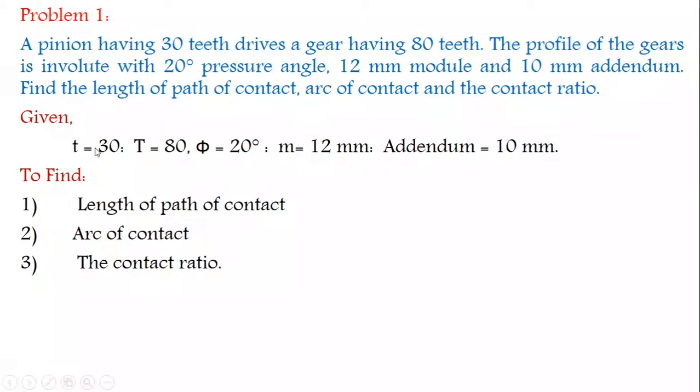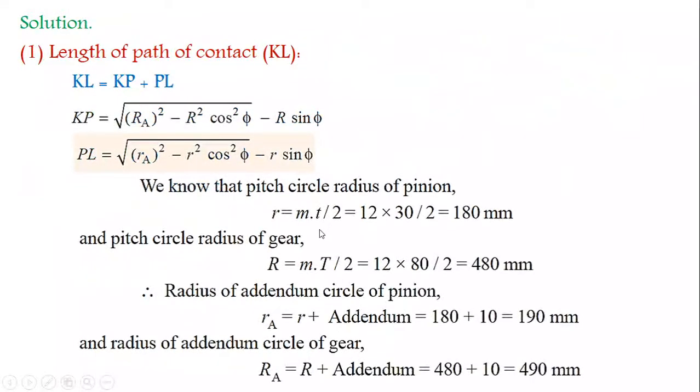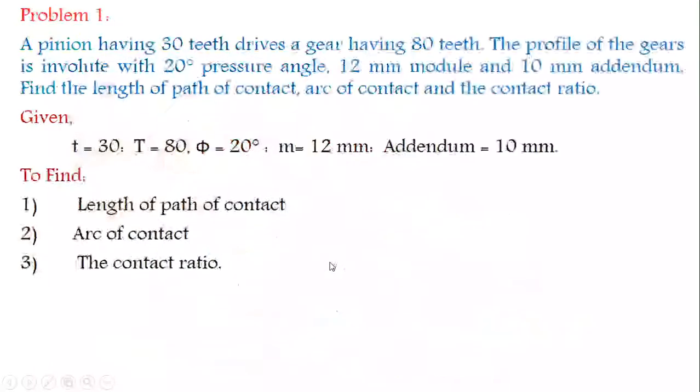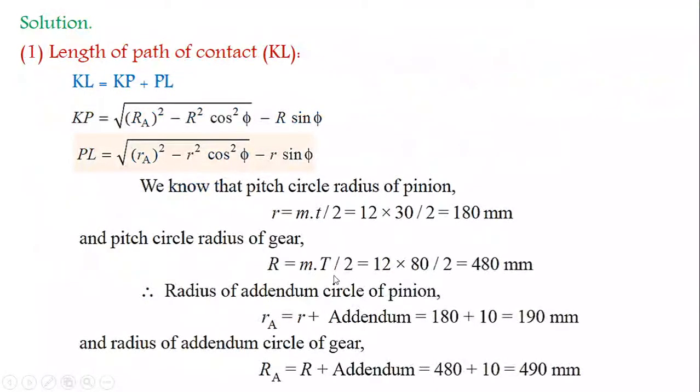Substitute the values: 12 into 30 divided by 2. Solving this, you will get 180 millimeter pitch circle radius. Similarly, we apply M into capital T, where capital T equals 80, already given. Directly we apply the values and we get the capital R value.